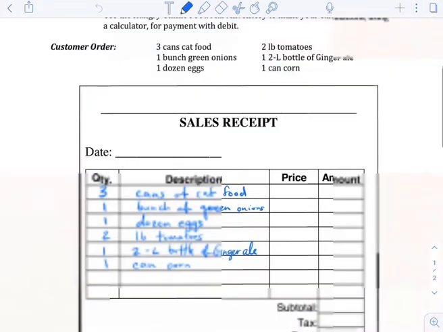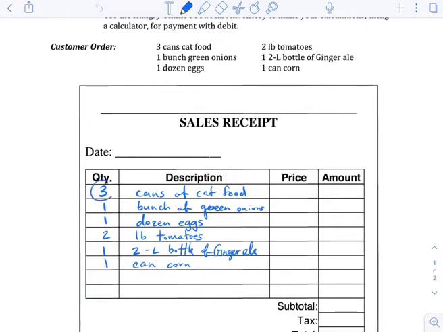So when I go over to my item, it says quantity 3 cans is $1.95. Now that's for all 3, not just the unit price, not just for 1. So I'm going to be paying $1.95 for that.